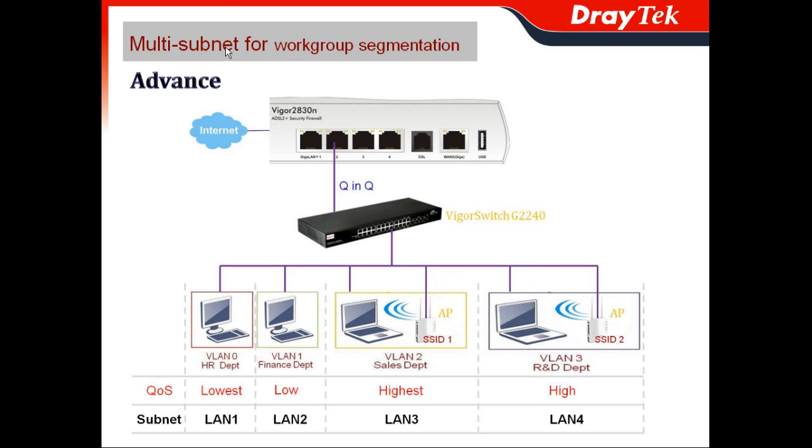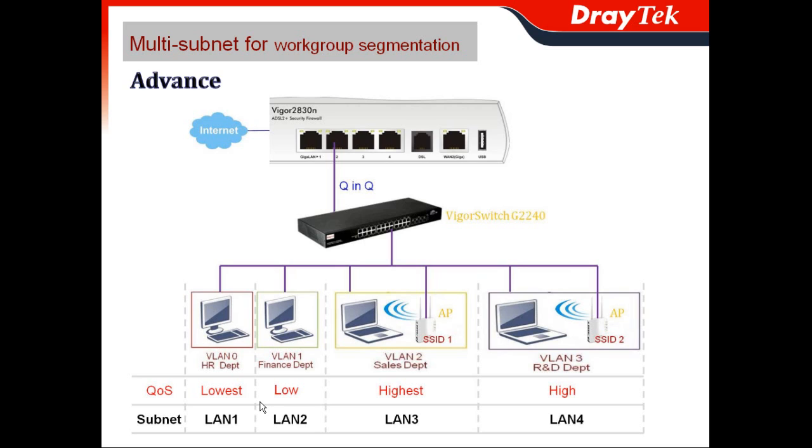So, in the advanced usage, we strongly recommend you bundle with the Vigor switch G2240. It can do the Q-in-Q function with the Vigor 2830, so you can easily use a configuration. You don't have to limit the port connection.